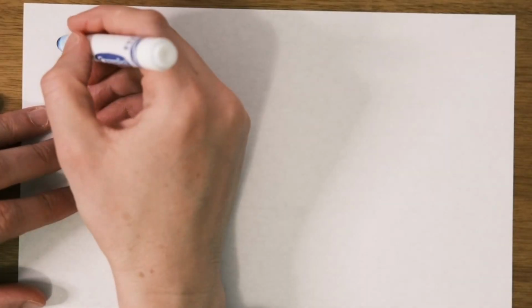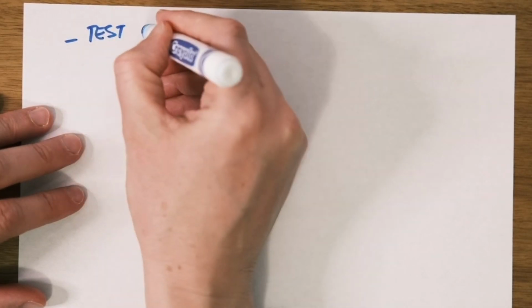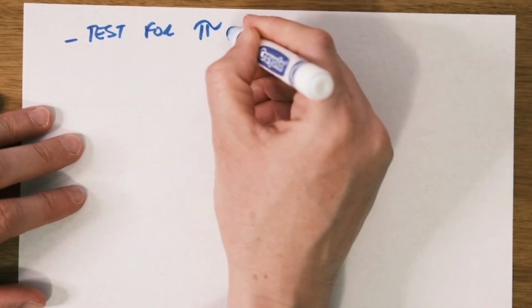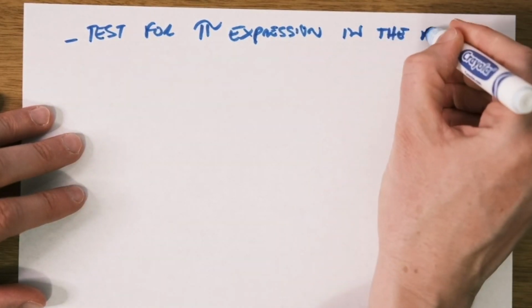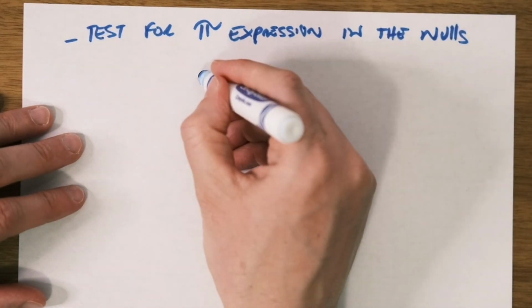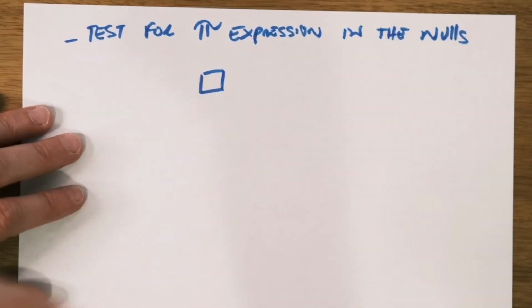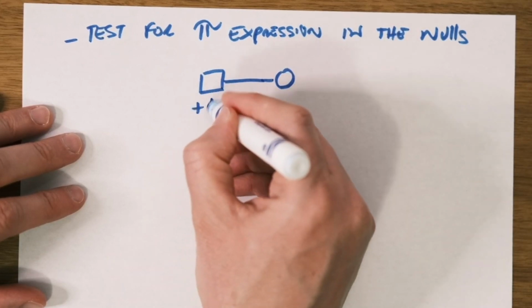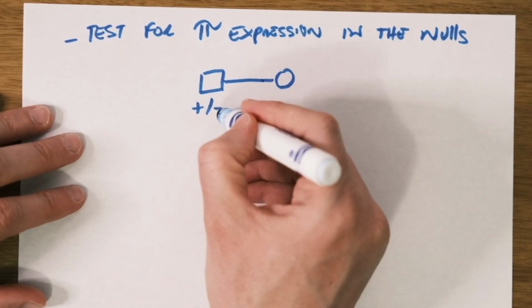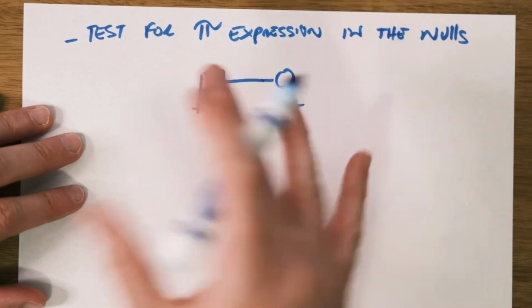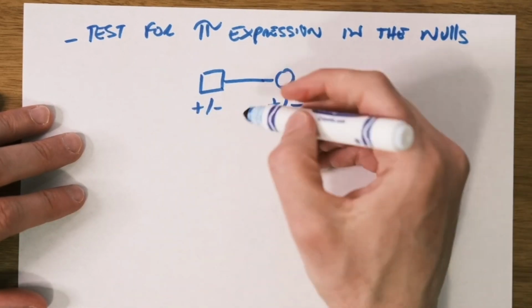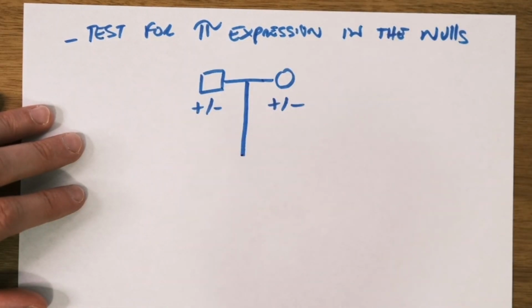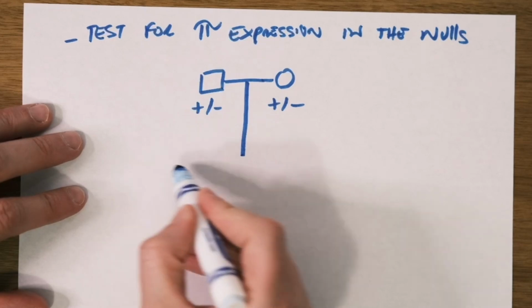So here we are going to test for protein expression in the nulls. So in this case, as for the heterozygous Flox, you will have 2 or 3 crosses so that you can have a cross between plus and null animals that are not very closely related, just to avoid inbreeding, and check the video on inbreeding if you want to learn more about that.